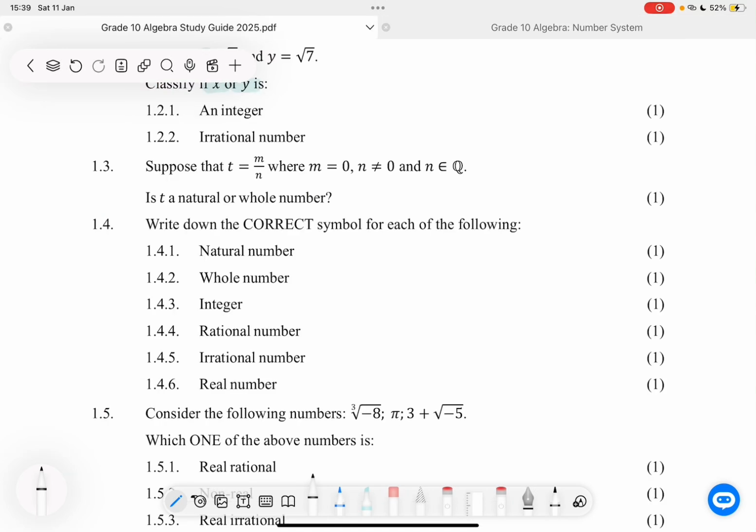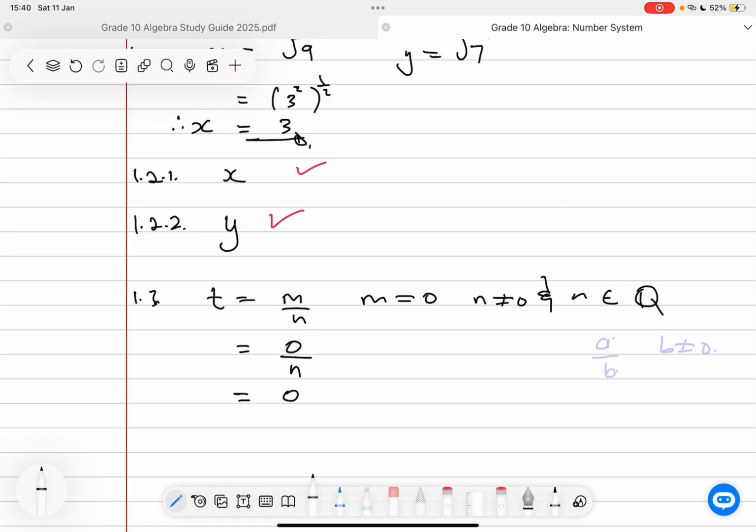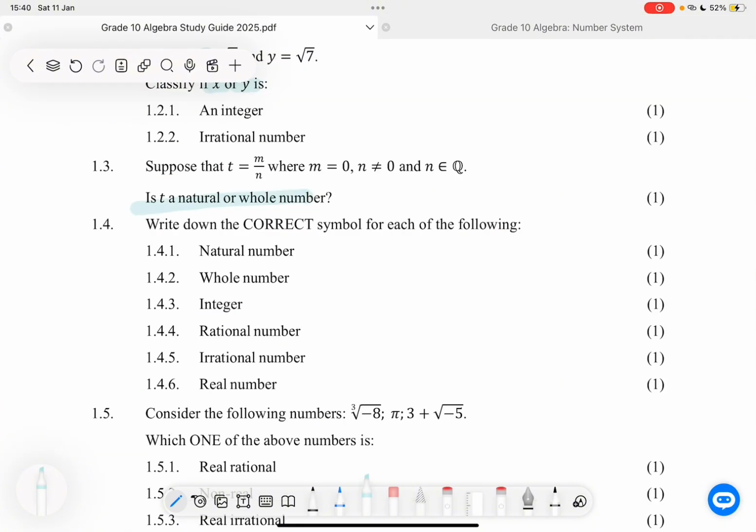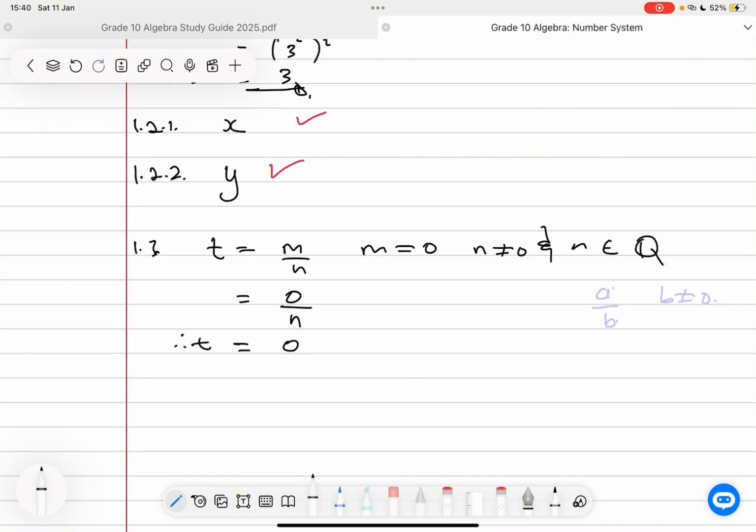Now, to answer this question, they ask us, is t a natural or a whole number? If we look at t, we just discovered that t here is equal to 0. So is this number natural or whole?